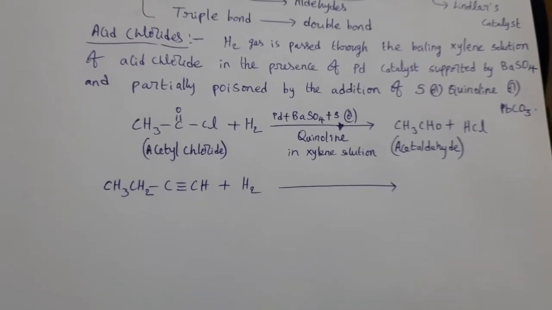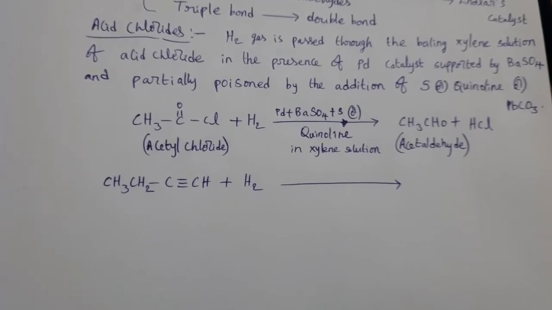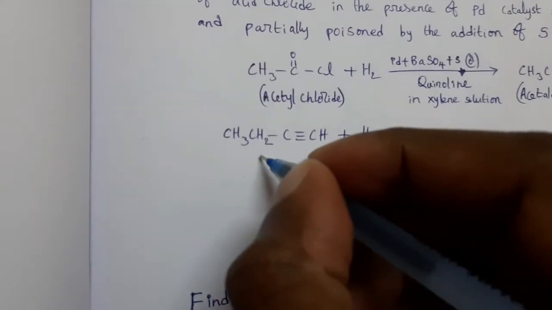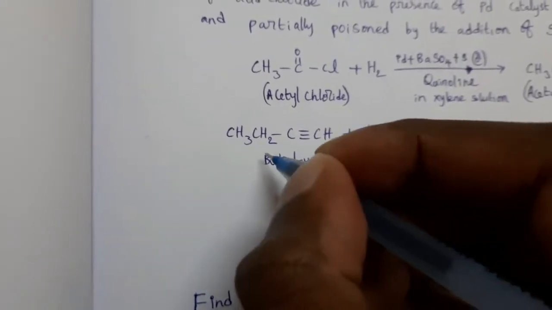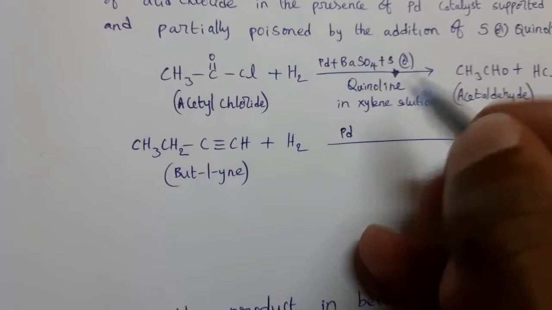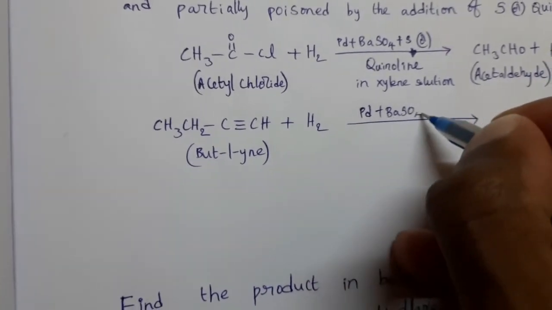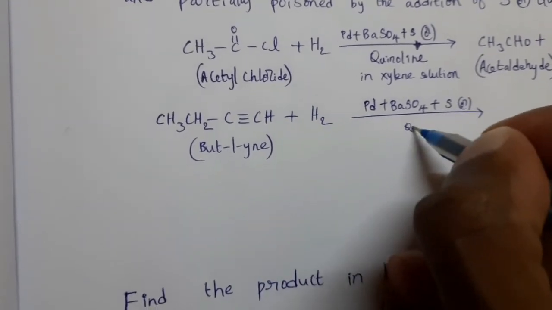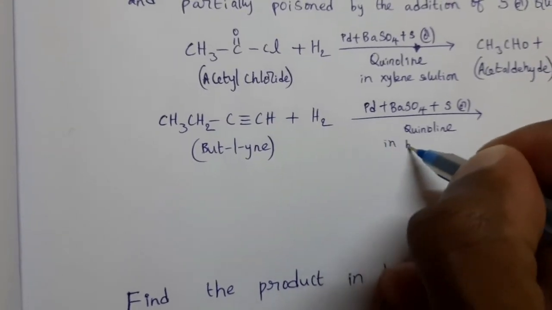If we want to get product alkene in cis form, then Lindlar's catalyst is suitable. What is the name of this one? But-1-yne. But-1-yne is reduced by Lindlar's catalyst: palladium catalyst supported by barium sulfate and partially poisoned by sulfur or quinoline in boiling xylene.